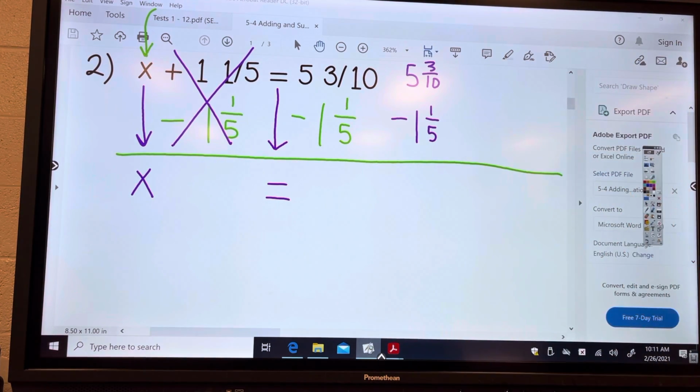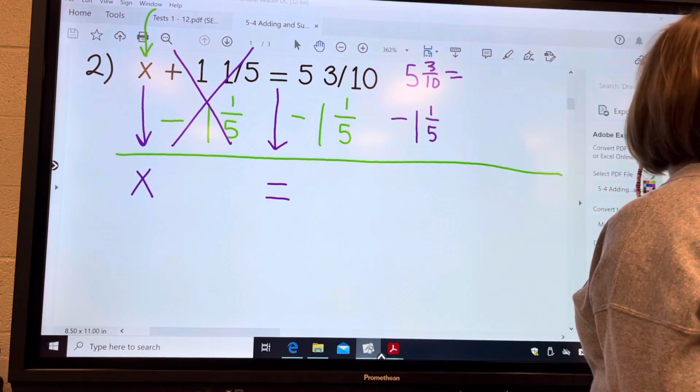Can I do it the way it is? No. I've got to do what? Find a common denominator. We have to ask ourselves the questions. Is the larger denominator a multiple of the smaller denominator? Yes. So our common denominator can be 10.